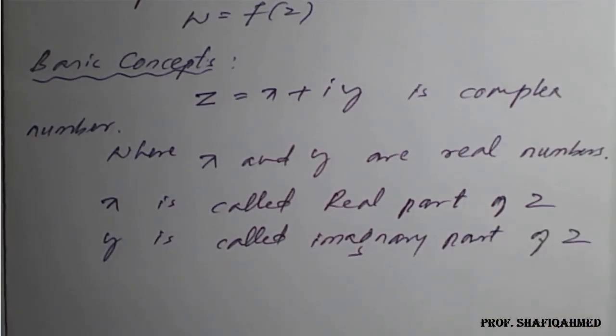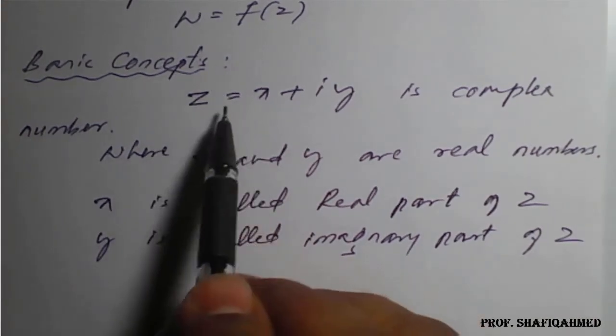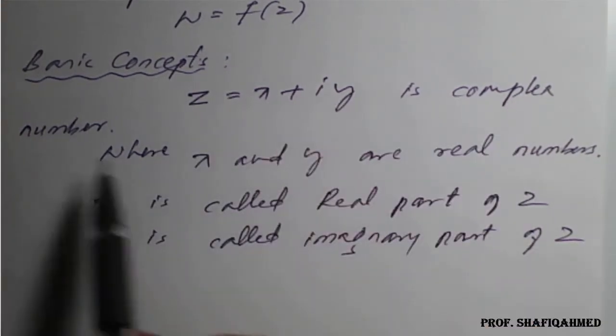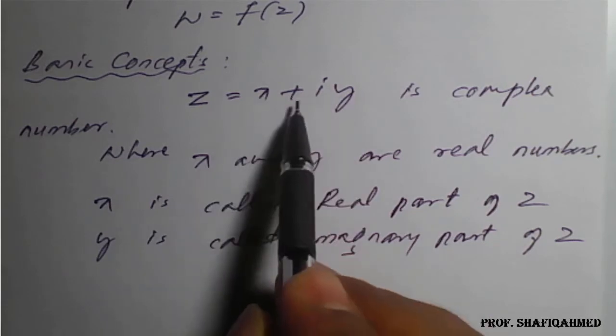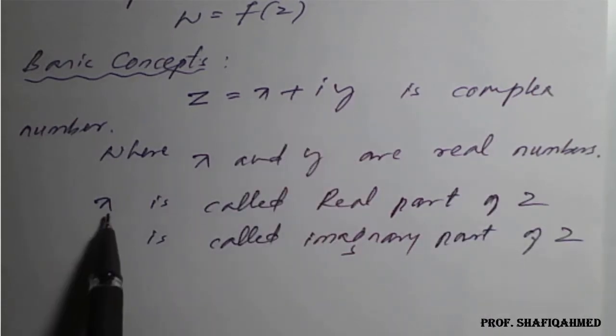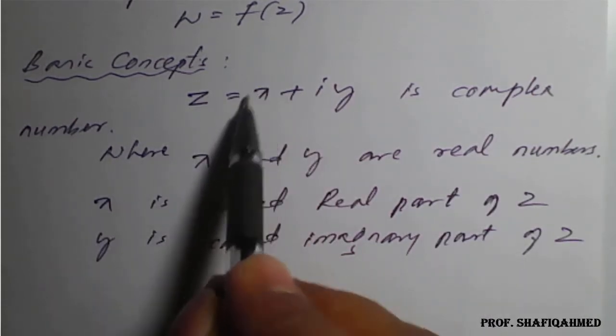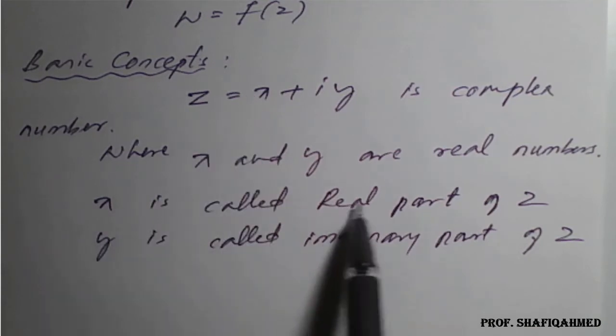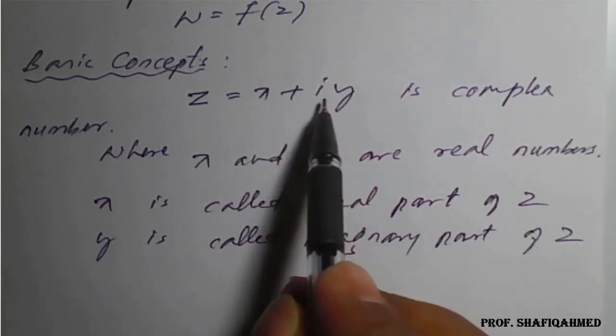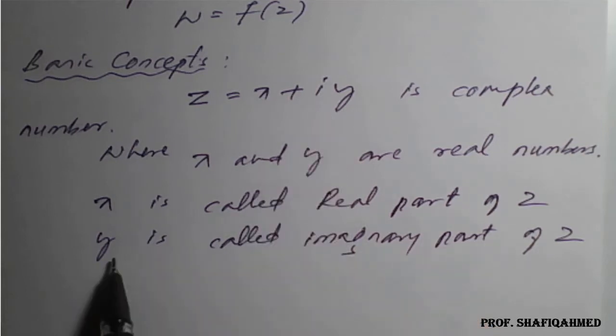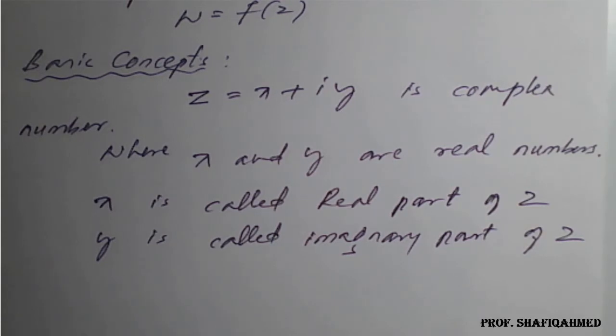So these are the very important things. So z is equal to x plus iy is a complex number where x and y variables are real numbers, and here the first term which is free from i is going to be called as the real part of z, and y, which is the coefficient of i, so that's why y is called imaginary part of z. So you have to remember these things, very important.